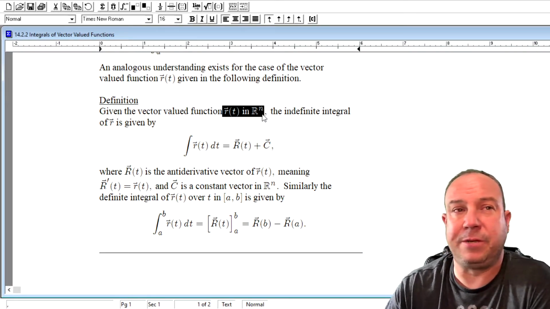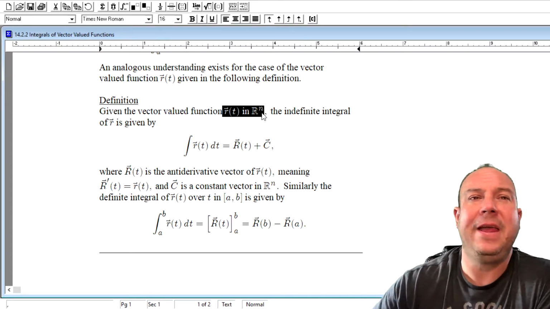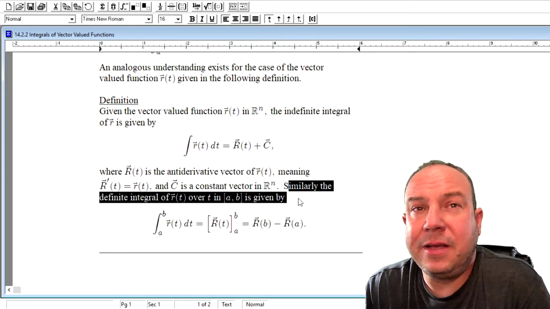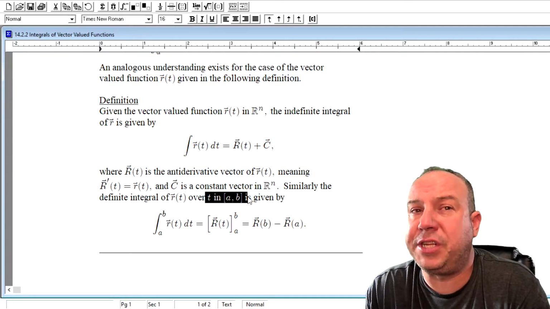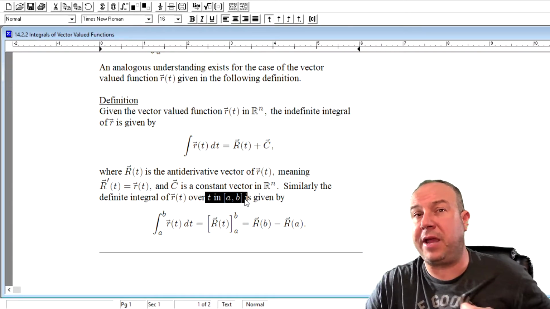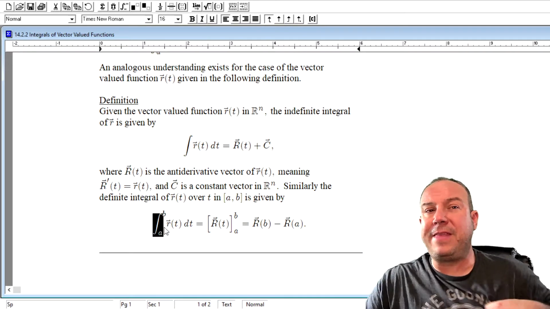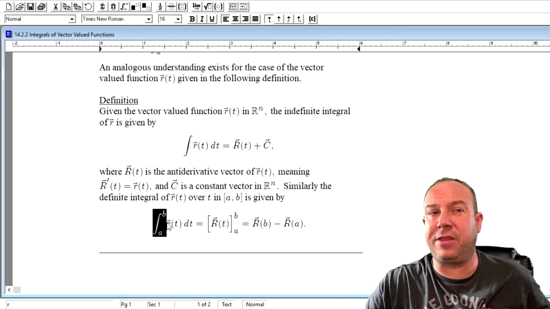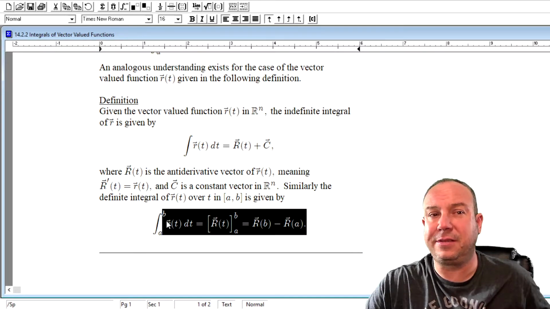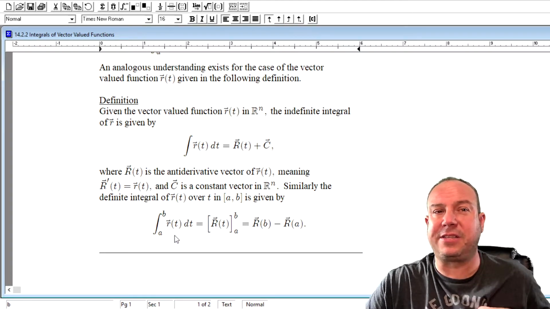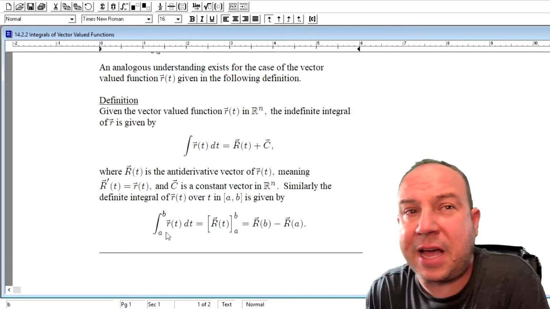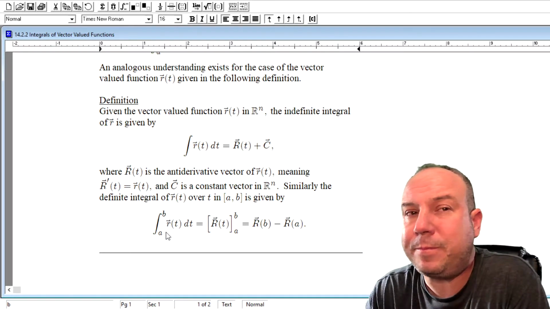All right? And similarly, if we were to calculate a definite integral of r bar of t over t in some closed interval from a to b, right? That is given by this notation seen here on the far left-hand side. It's this quantity seen here on the far left-hand side, right?